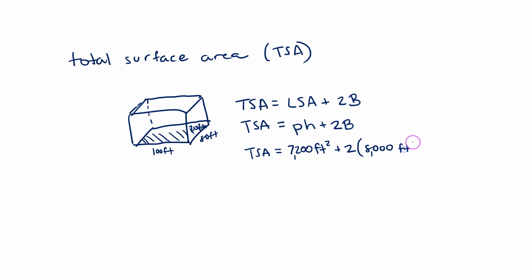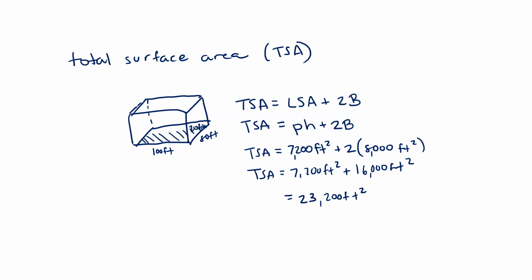And that would be square feet. Two times 8,000 would give us 16,000. And then we would add the two numbers together, and we would end up with a total surface area of 23,200 square feet.